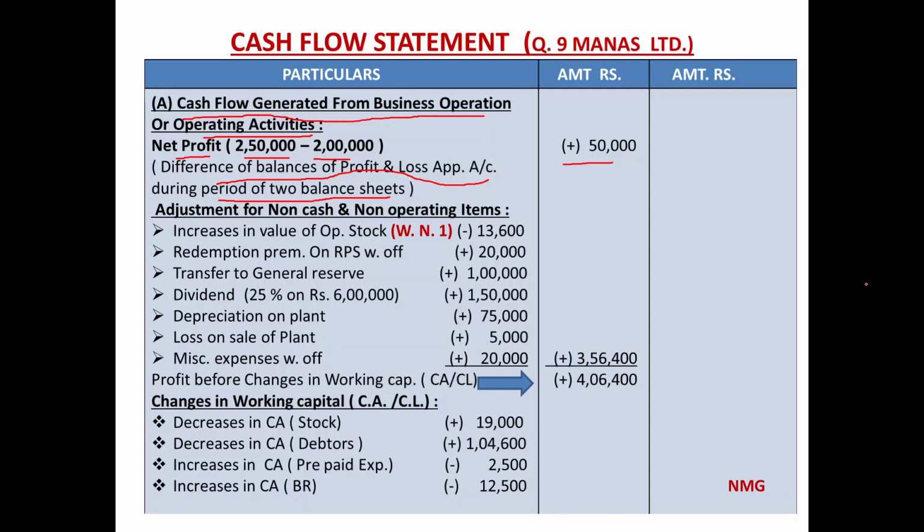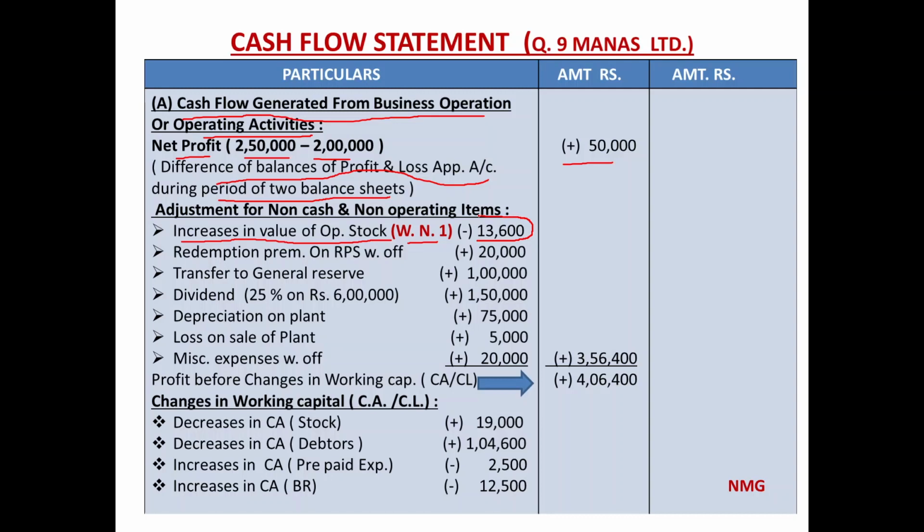So the increase in the value of opening stock has the ultimate impact on the current year's profit: your current year's net profit is going to be decreased by 13,600. So under the title of adjustments, the very first item, increase in value of opening stock as per working note number 1 that we saw, minus 13,600.